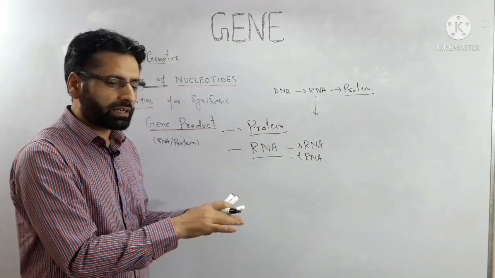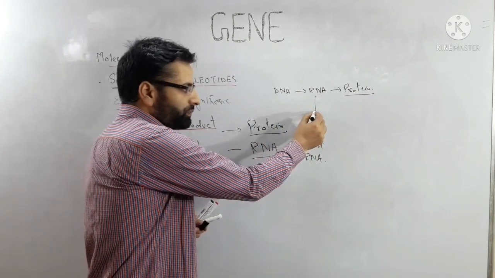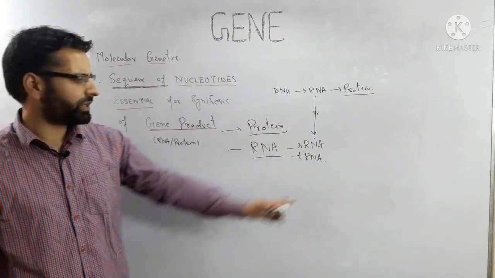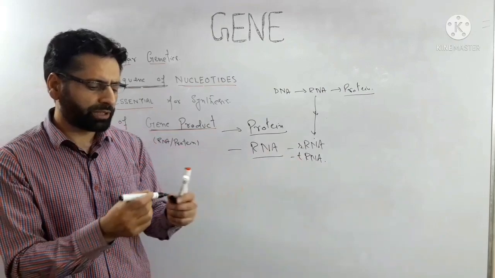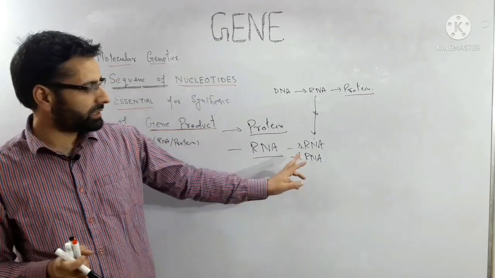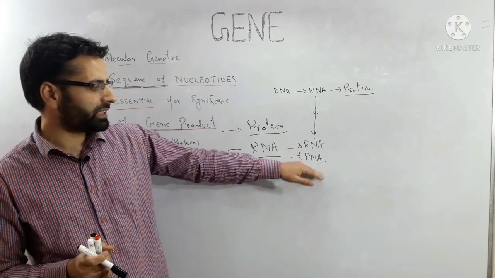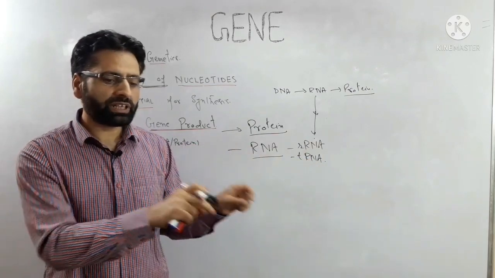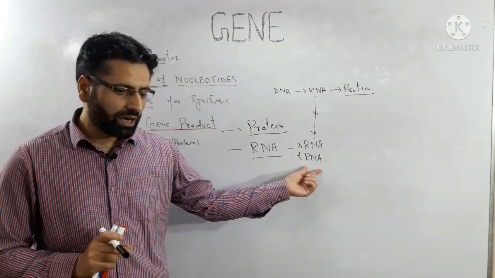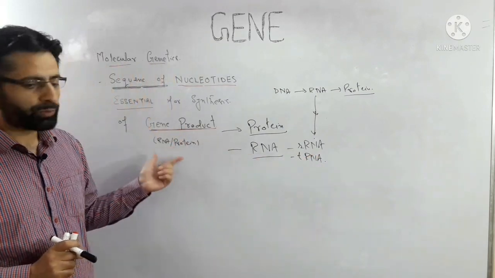It remains as RNA. And in the form of RNA, it performs various functions. And this RNA, after post-transcriptional modifications occur in these molecules, performs various functions in the cytoplasm. And these RNA molecules are the functional gene product.